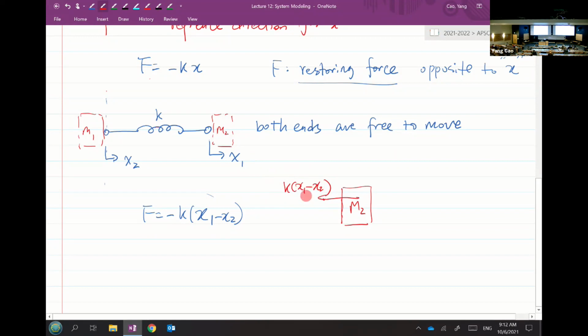The next time you apply this, you know this is in the opposite direction of x, and you should still know the reference direction is this way. So there's a little bit of difference between how you write it down mathematically and how you label it in a free body diagram. And this is basically a free body diagram.